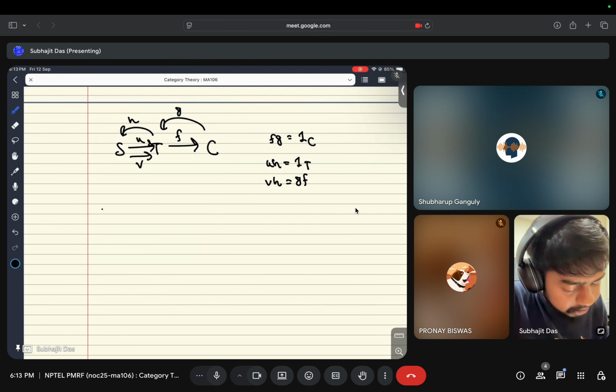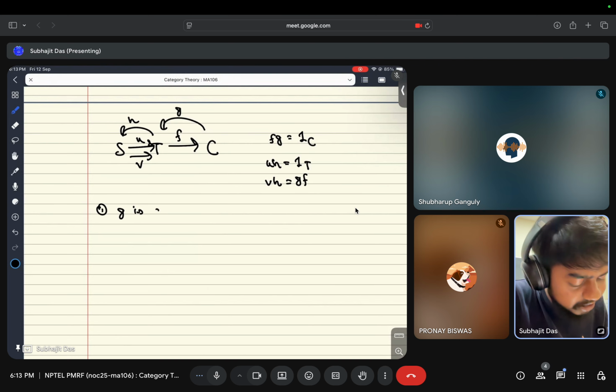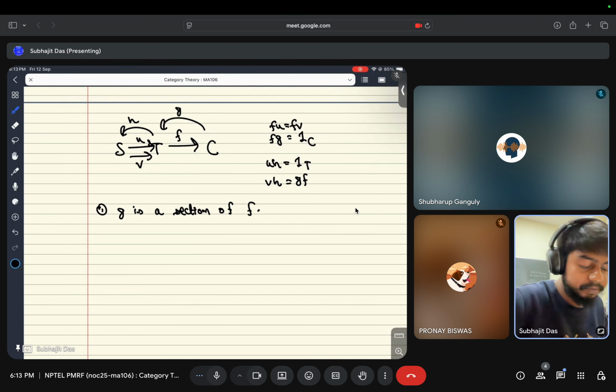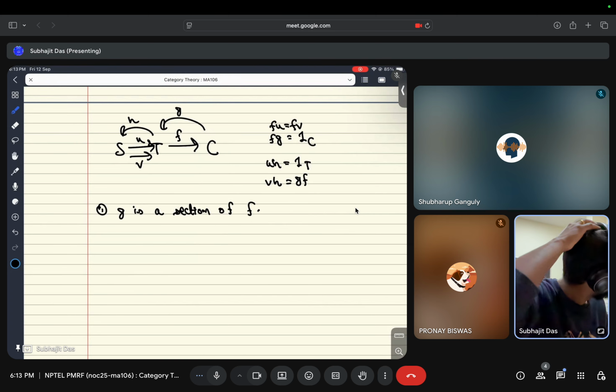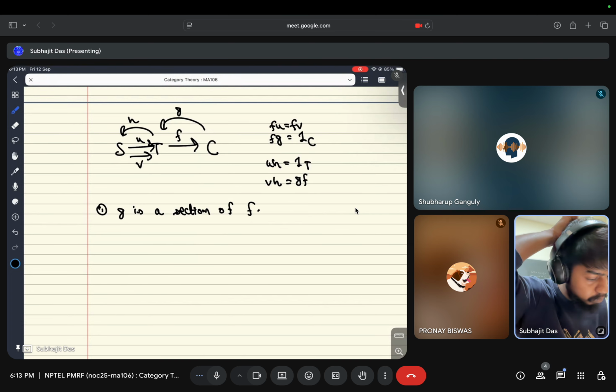So let's write down: G is injective. G is a section of F, right? And moreover, you should also have Fu equal to Fv.